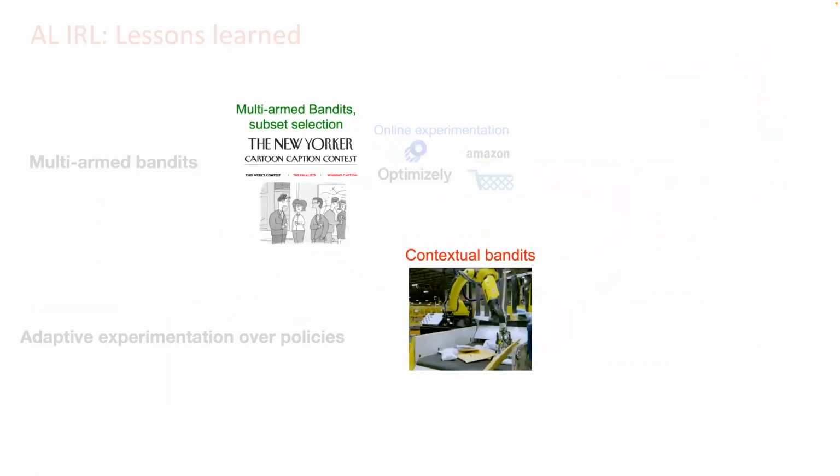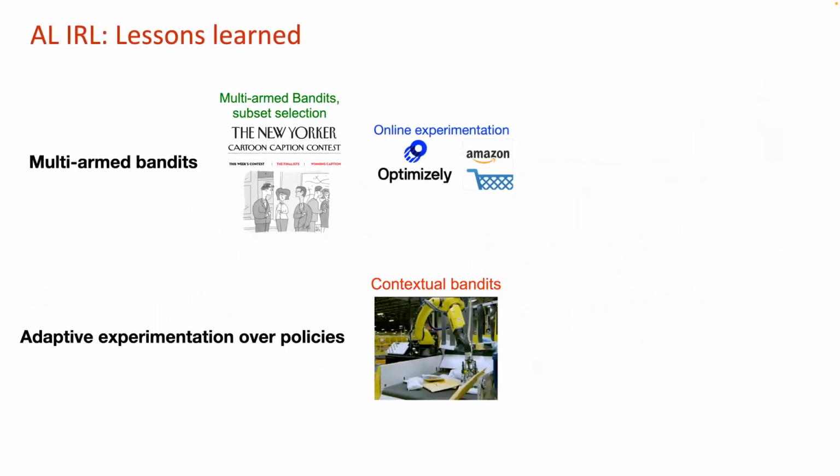So the plan for today is to talk about these three experiences that I've had, mostly in multi-armed bandits, online experimentation, and contextual bandits. What I'm going to do in the first part of the talk, when I'm talking about this multi-armed bandit stuff, is essentially mirror what I would do if I was giving a tech talk on my typical research, and then I'm going to scratch the record and tell you what we actually did in practice.